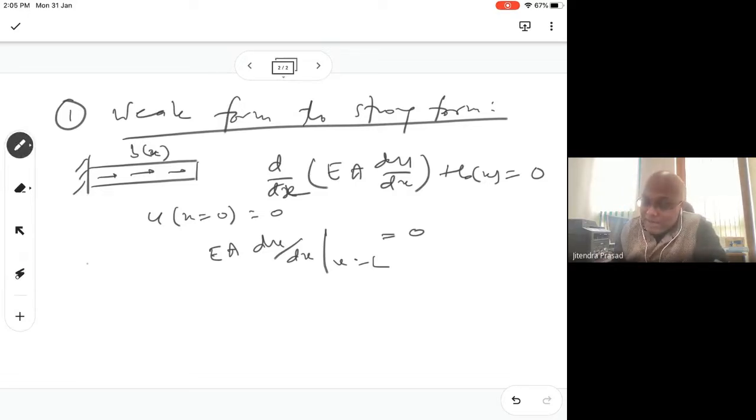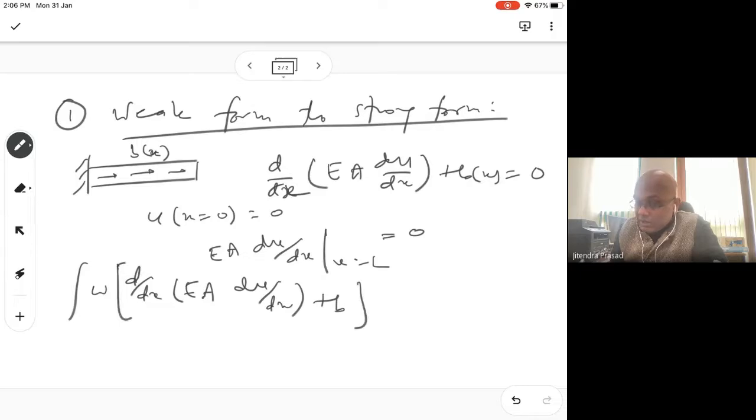We used a weight function and integrated it, multiplying by w and integrating from 0 to L, and made it equal to 0.